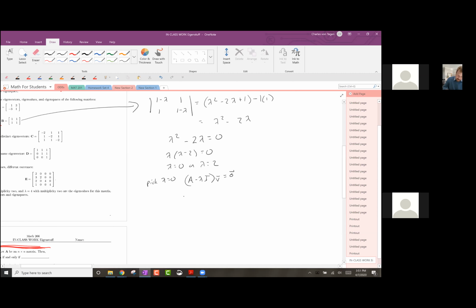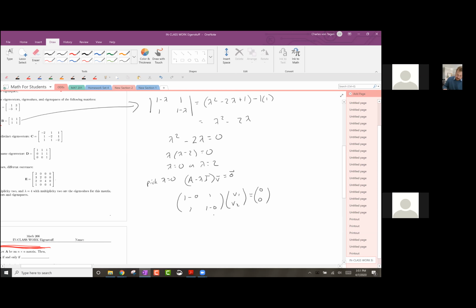We end up with 1 minus 0, 1, 1, 1 minus 0, times v1, v2 needs to equal the 0 vector.